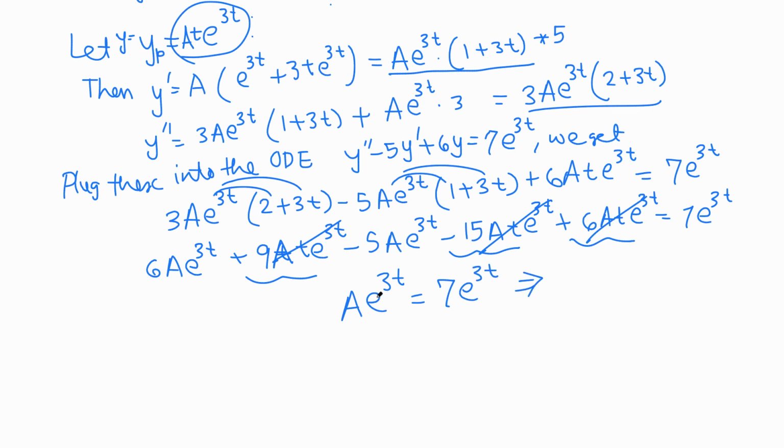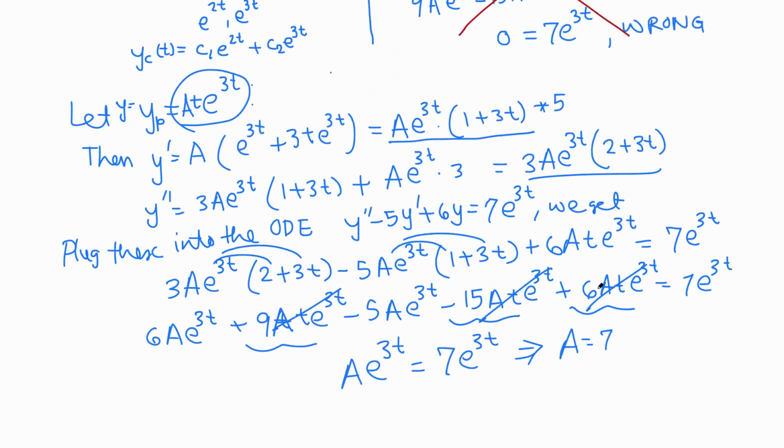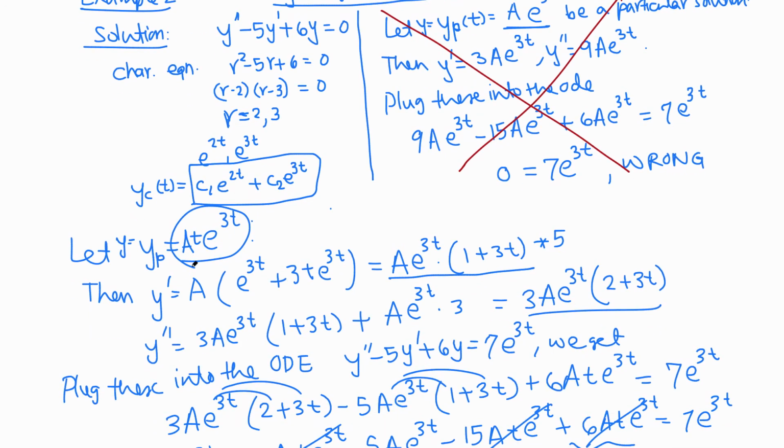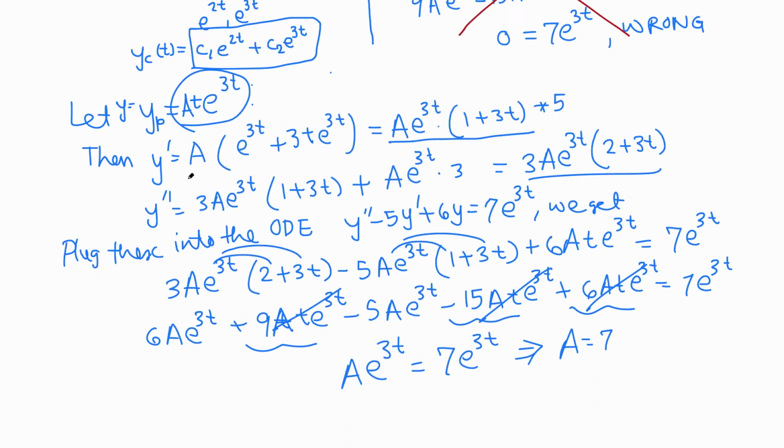This implies that, because they are the same, we can divide by e^3t, which is never 0, so a equals 7. We got it.